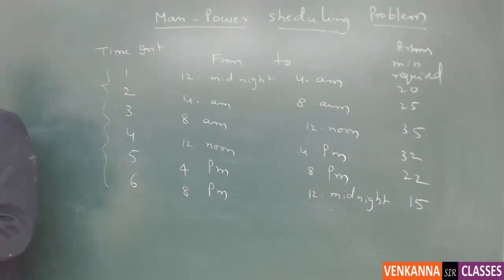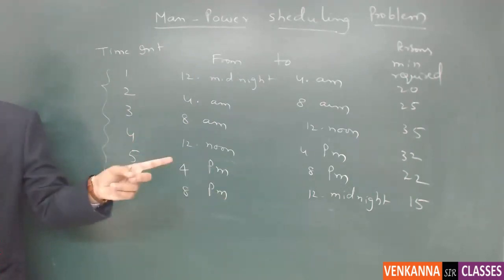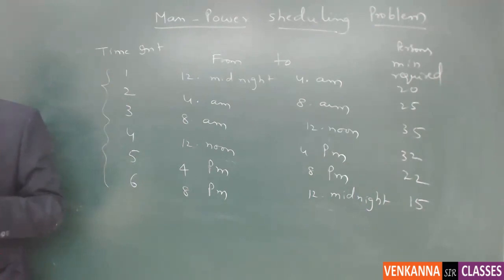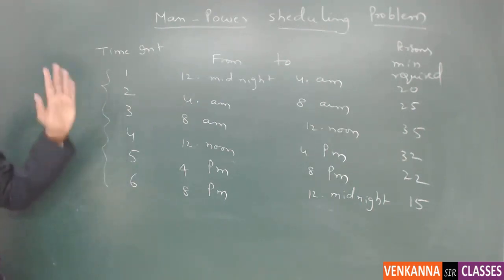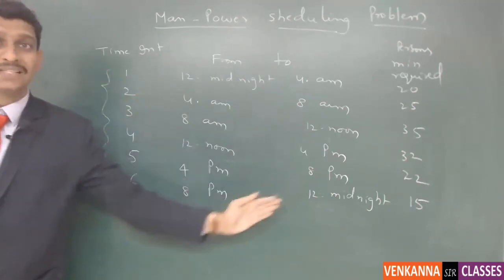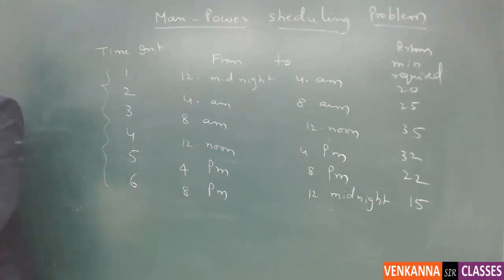So, this is the tabular data available for persons as well as the time slots. The question is, we have to find the minimum number of persons required. That means to satisfy all these time constraints and all these person constraints, how many persons do I have to recruit?